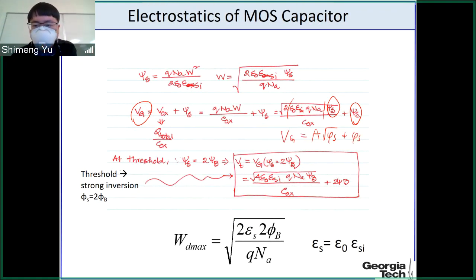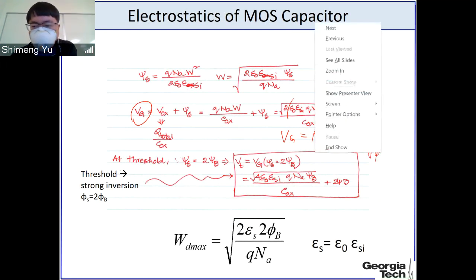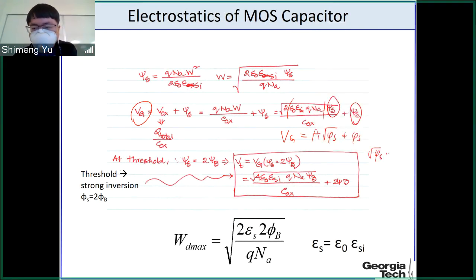If you think this phi s is like x, the square root of x is like x, so it's ax plus x squared. Right, so it's a second order function, a parabolic function. So with parabolic functions, you can qualitatively draw this.